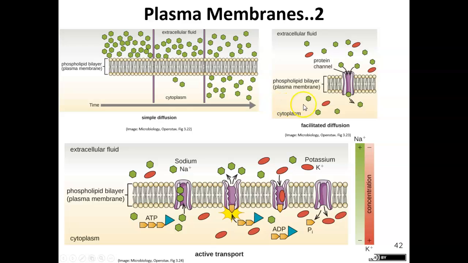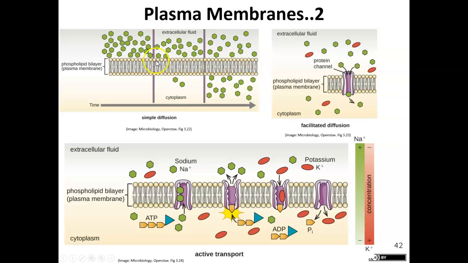Whereas in facilitative diffusion, you're talking about molecules that are typically polar. And so when they move down their concentration gradient, they're going to move through a channel protein to allow the molecules to go through, even though the plasma membrane wouldn't allow them to go through normally.